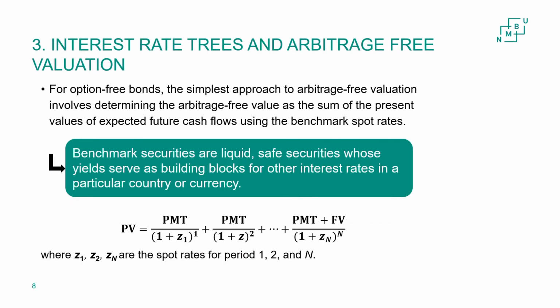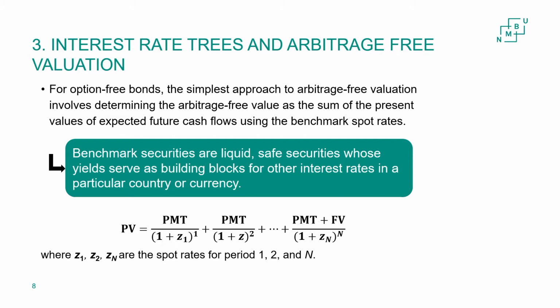If you have an option-free bond and you want to find the arbitrage-free value of that bond, then you would just take the present value of the cash flows of that bond and combine them into the price of the bond.